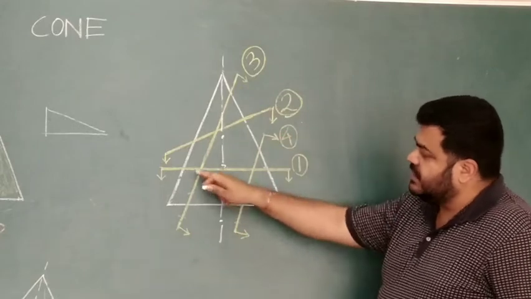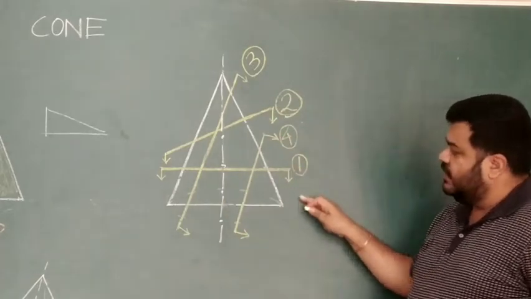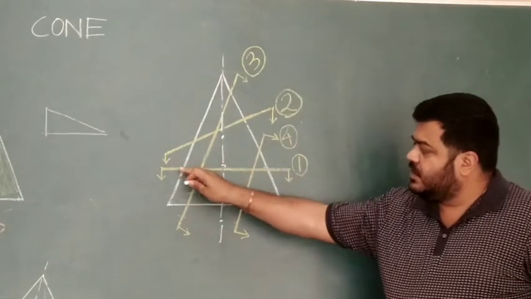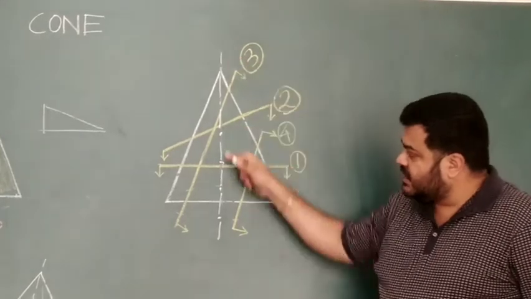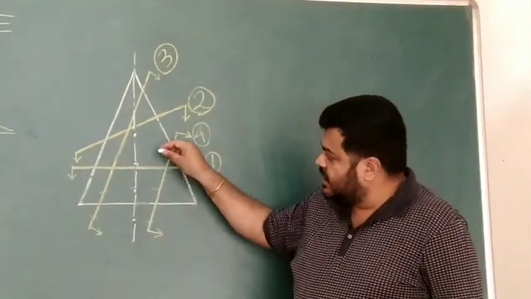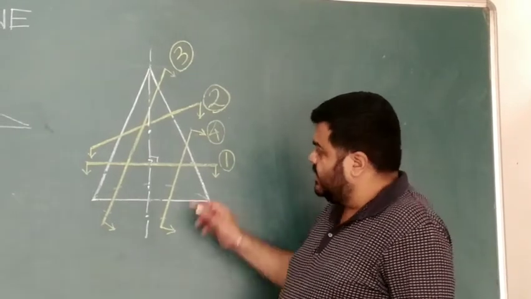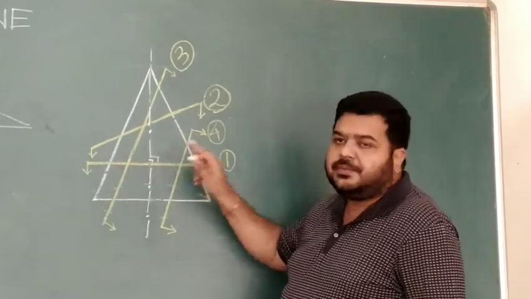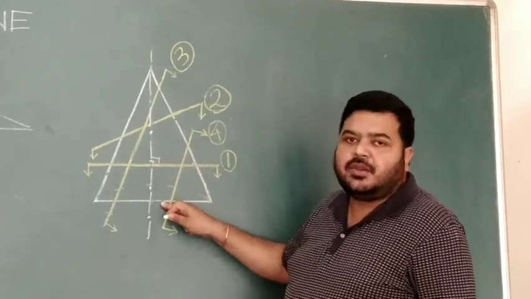These yellow lines are the section lines. In the first section, what happens? The sectional plane is perpendicular to the axis, and it is parallel to the base.